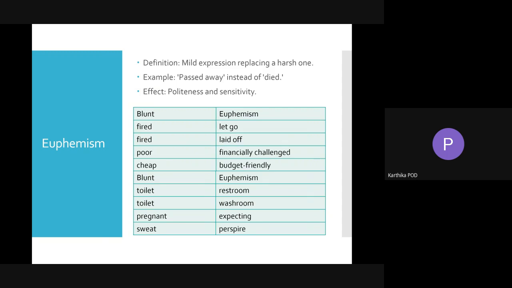Or instead of saying a cheap product, you can say it's a budget friendly product. Especially these days, instead of asking where is the toilet, people ask where's the restroom or where's the washroom. A good example is instead of saying he died, which sounds very blunt, people say he passed away. So the effect is politeness and sensitivity.